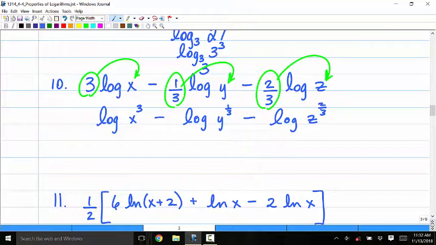Now, do you see two minuses there? Yes. Since I have a minus, this is going to go into the denominator. And I have a minus here, so this is going to go into the denominator. Another way to view that, if I were to factor a negative out, do you see that this would be a plus?